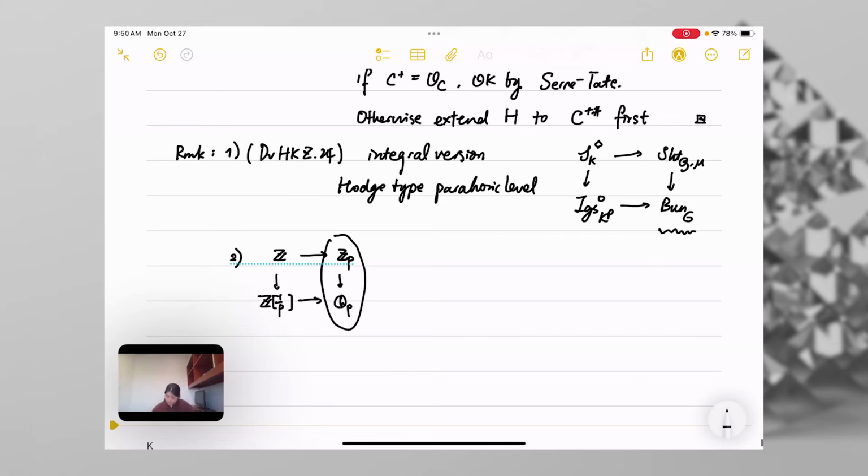Because if the local Langlands on Bun_G is known, then it should encode basically all the arithmetic information at p there.